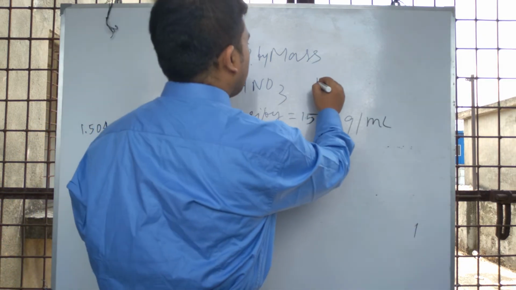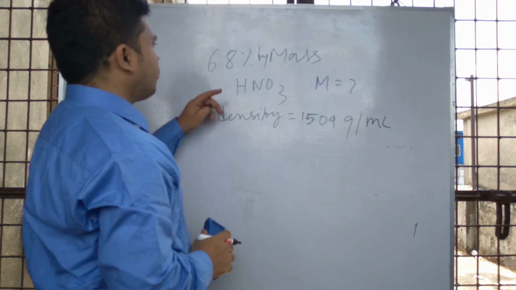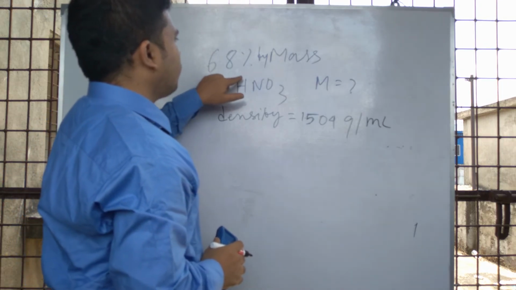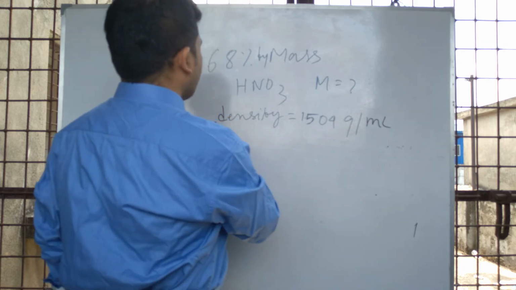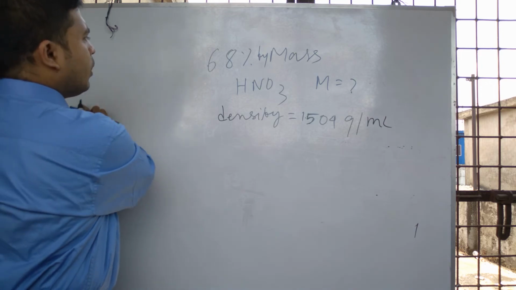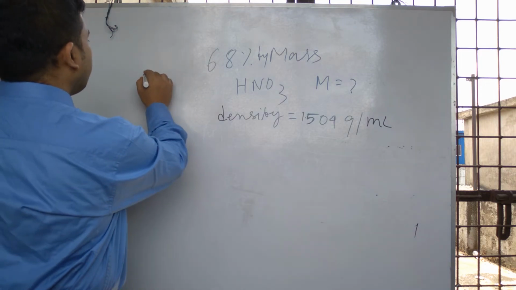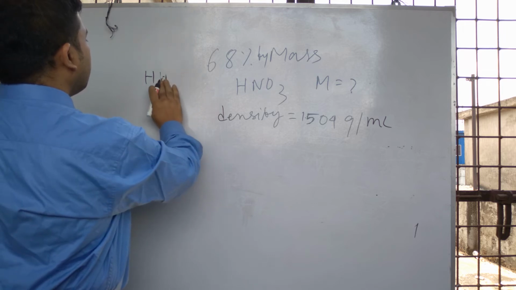Now we have to calculate what is the molarity of the solution, where 68% by mass nitric acid is present and the density is this. Okay, so in this case, first of all you have to calculate the molecular weight of HNO3.